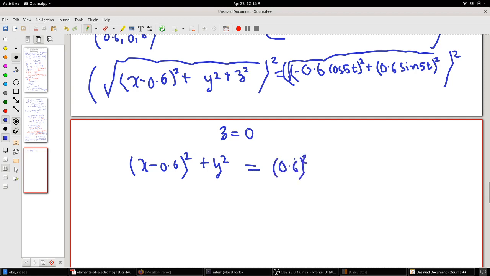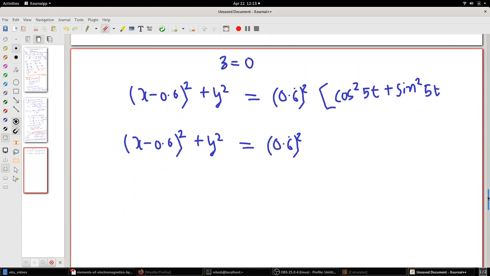I can take 0.6 out from this and this square, and what I'll get is cos square phi t plus sine square phi t, which becomes equal to 1. x comma y are the coordinates of the particle at any given time, right?